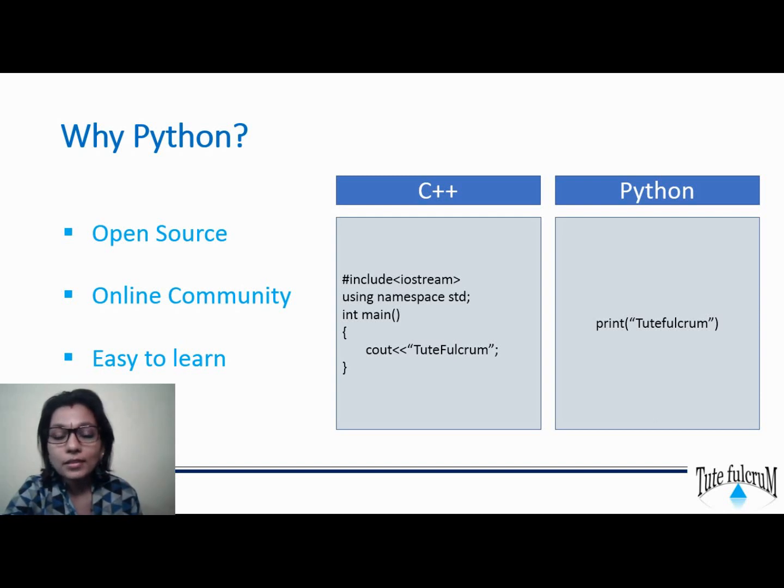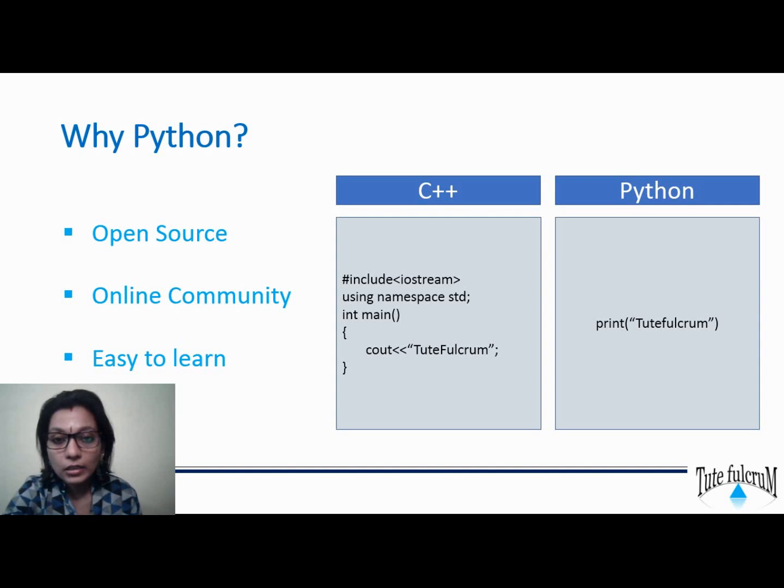For example, let's take a comparison between two languages. We are familiar with the C++ language, so let's compare C++ and Python syntactically. Let's say we want to print a statement, Tute Fulcrum. How do we do this using C++?